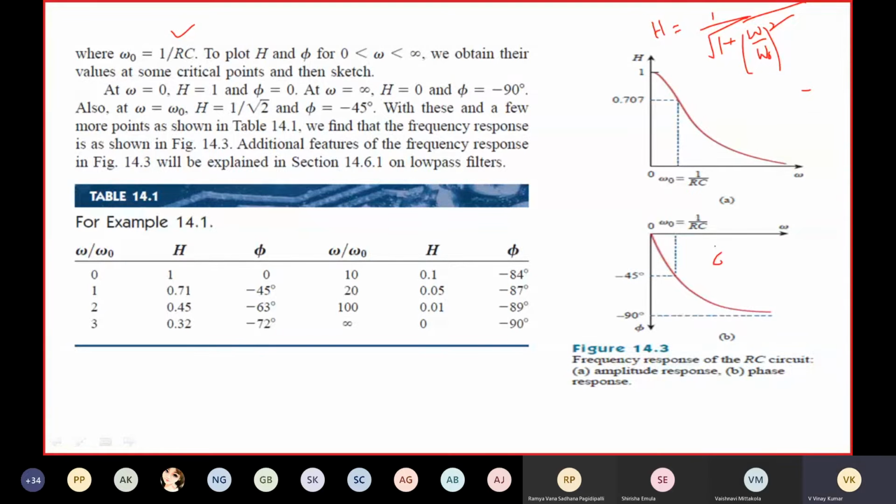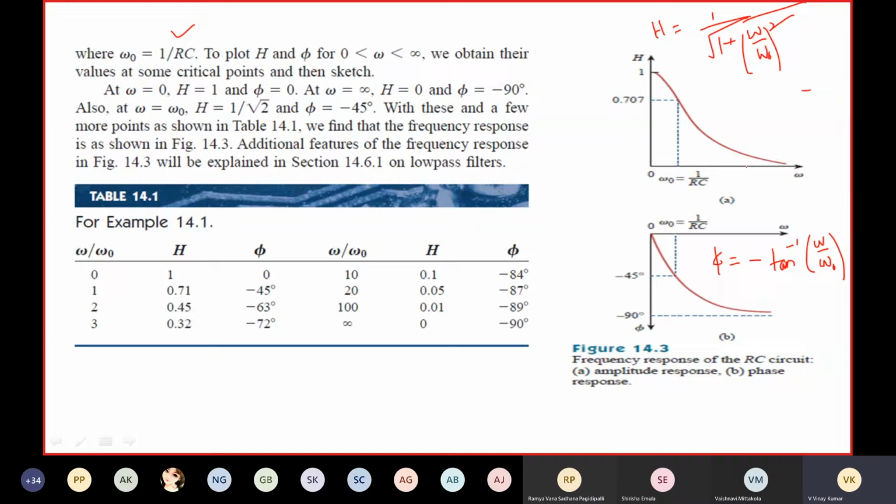Whereas what is the phase angle? Phase angle phi is equal to minus tan inverse of omega by omega naught, right?